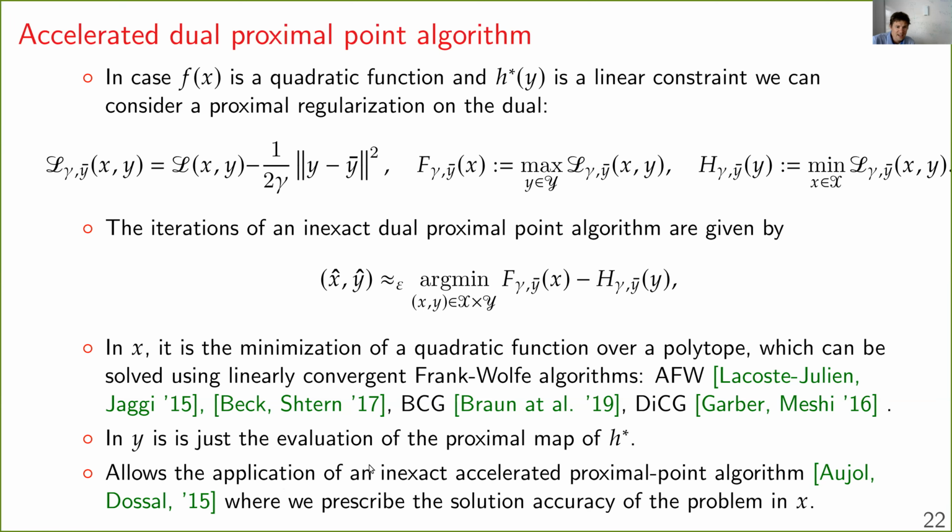This algorithm still has a 1/n squared convergence rate on the dual problem, even if we have some inaccuracy in solving the iterates. We prescribe the accuracy with which we need to solve these proximal subproblems. And if the accuracy vanishes to 0 with high enough rate, we can show that we get a 1/n squared convergence rate.